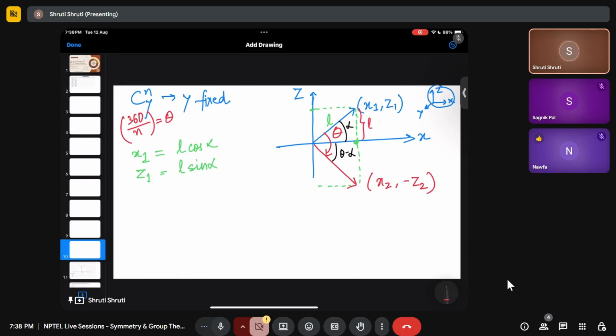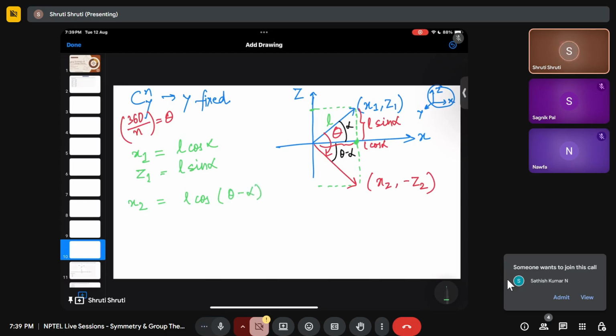This part is L sin alpha, this part is L cos alpha. Next, you want to deduce x2. So x2 is what? Same as this one, L cos theta minus alpha.